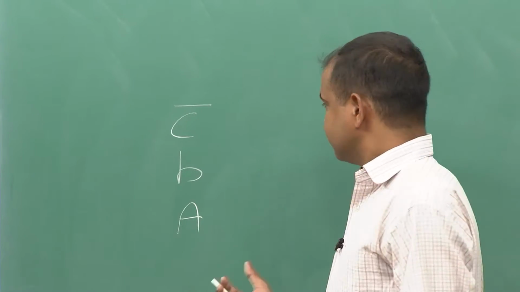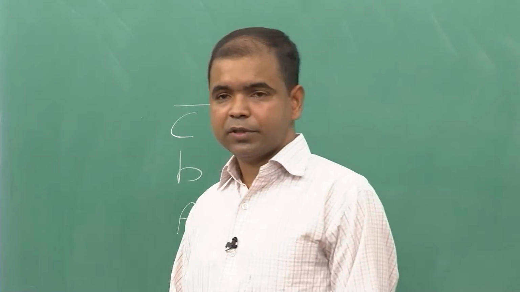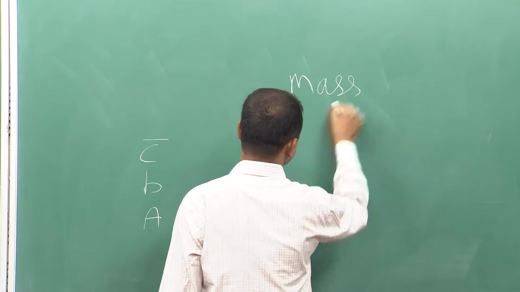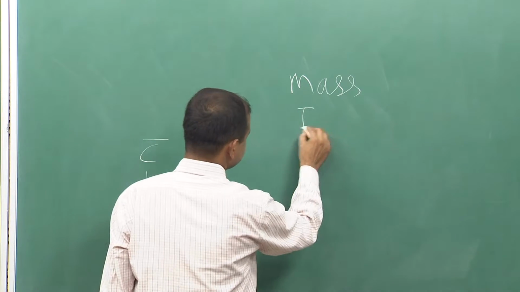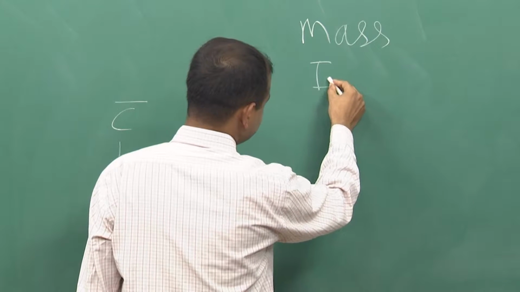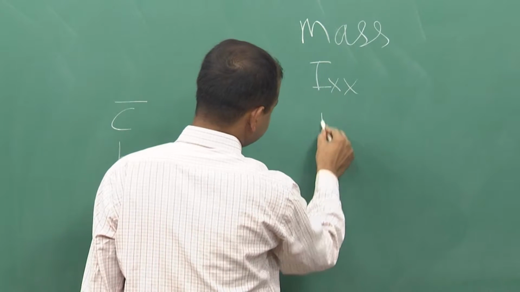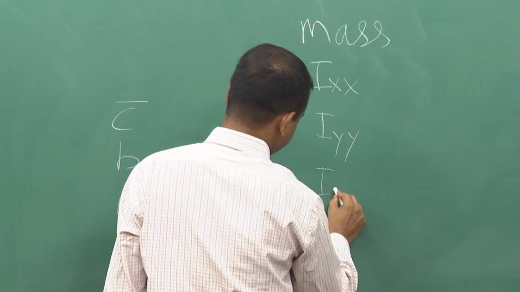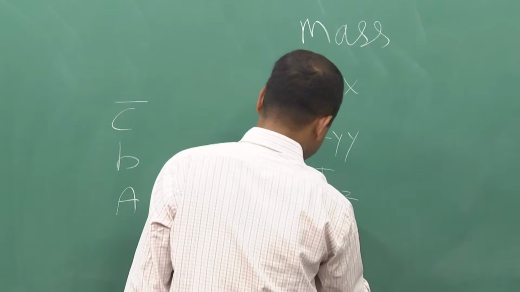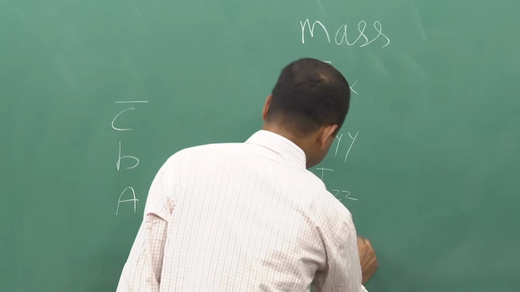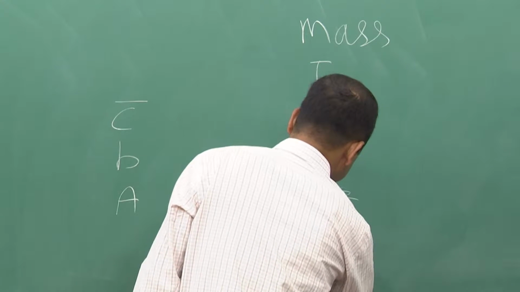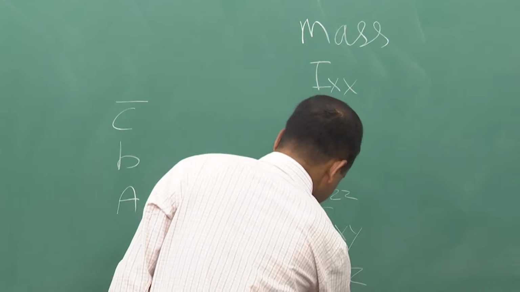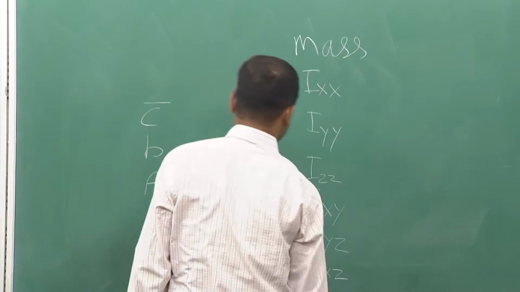And you are familiar with the inertial properties, which means you know the mass and the inertial components, that is Ixx, Iyy, Izz, and the cross products Ixy, Iyz and Ixz.